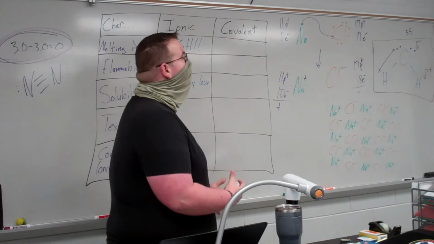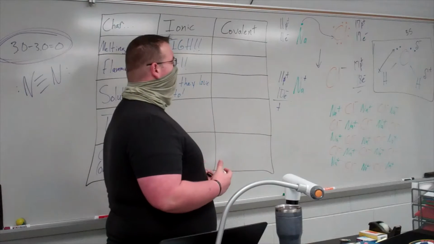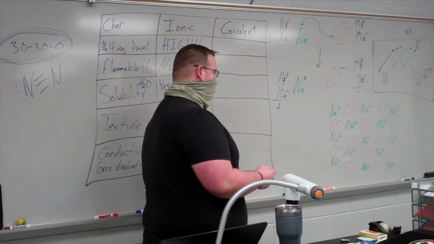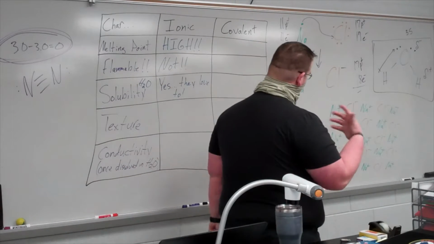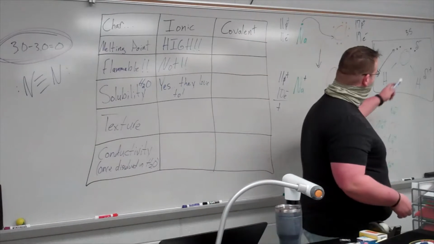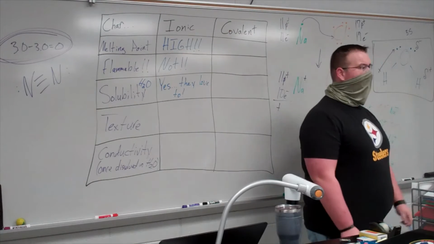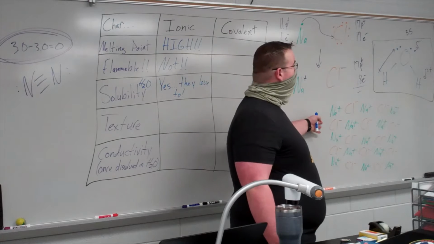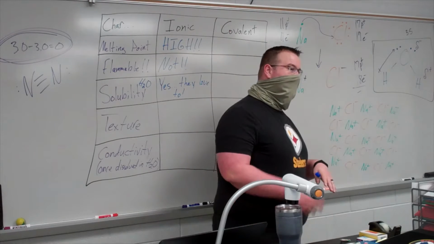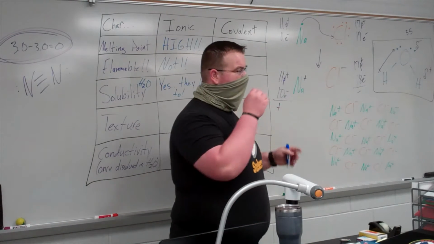To pick up there, why is it that ionic bonds like this will dissolve within water and are soluble? It's because of that partial positive and that partial negative. It's the same thing going on in here, just water comes in and breaks everything up.